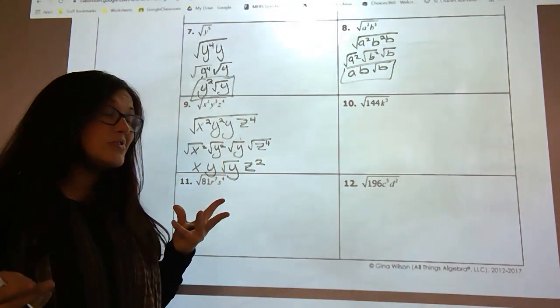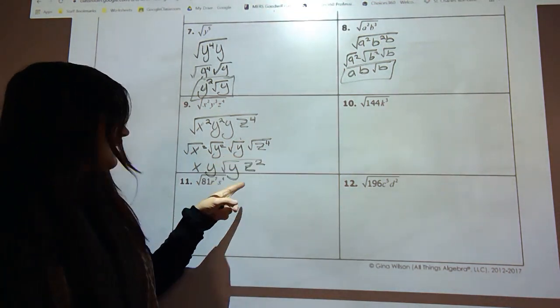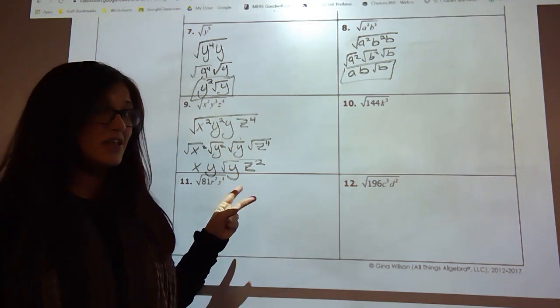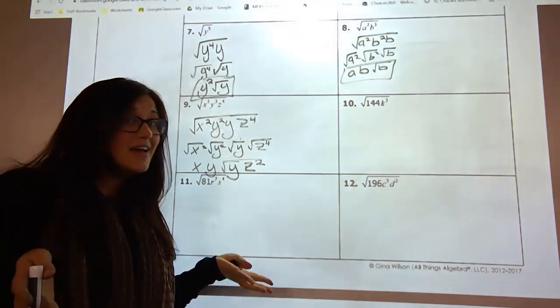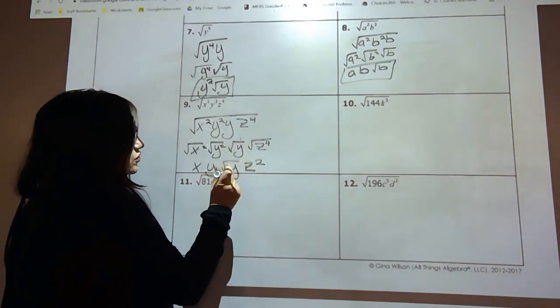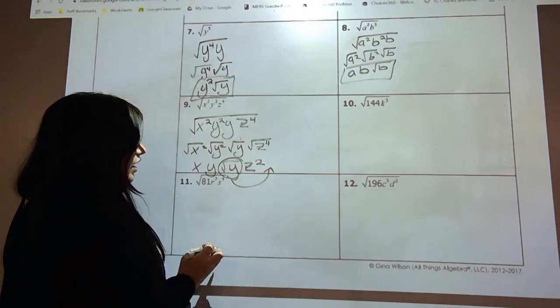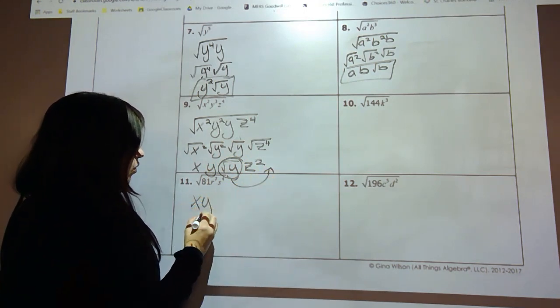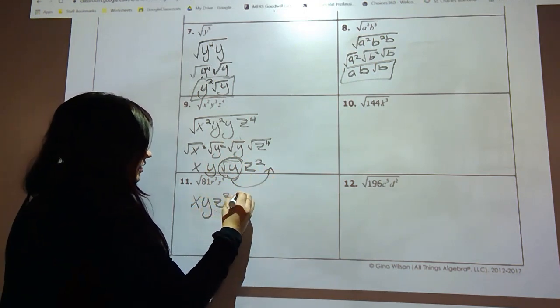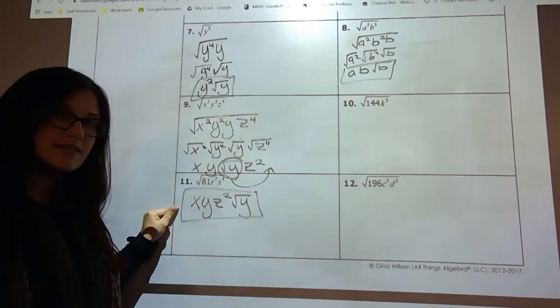The reason I do that is because maybe we get sloppy and write it really quickly, and I don't really know if that z squared is still underneath your radical or not. So if I have an expression with a radical, I always want to make sure that factor is the last one. So I would say x y z squared times the square root of y. That's how I would express this.